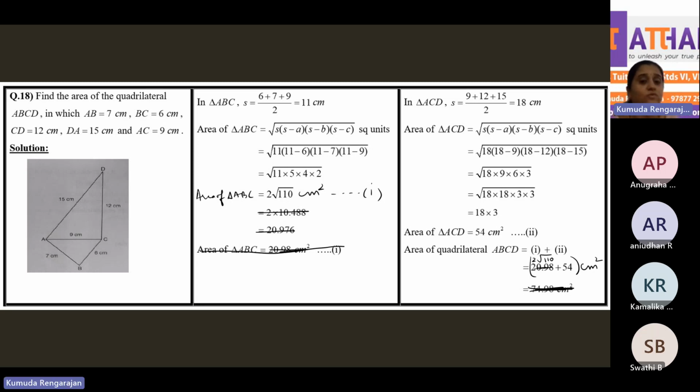If the value of root of 110 is given, then you should multiply and get the decimal value. Otherwise, you should leave it like this. I've taken away some lines.